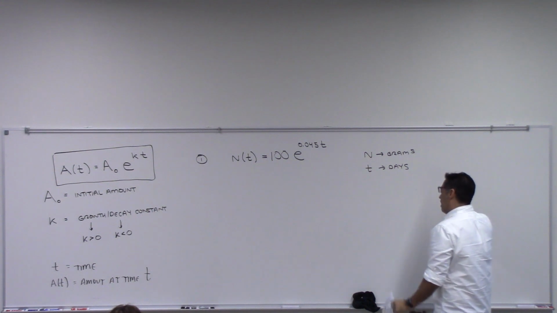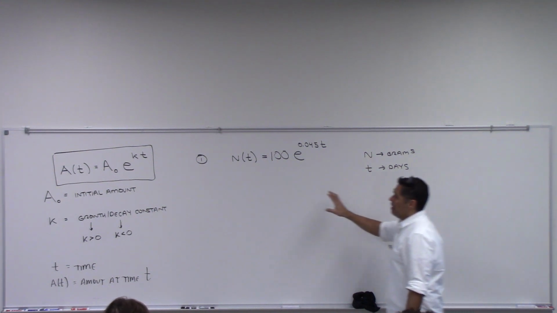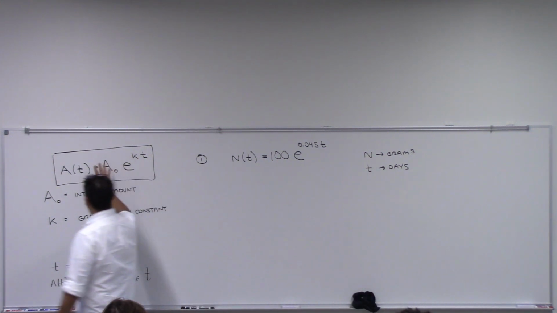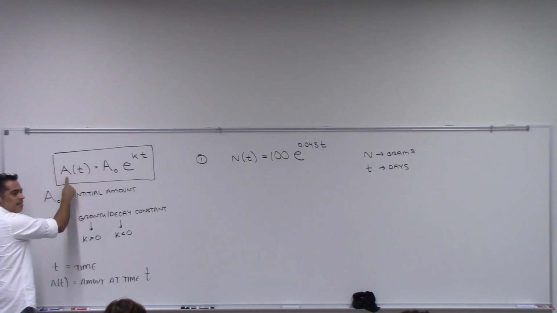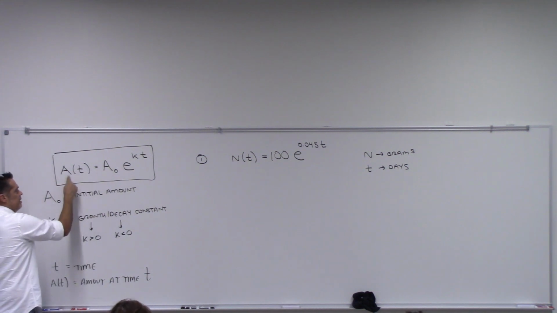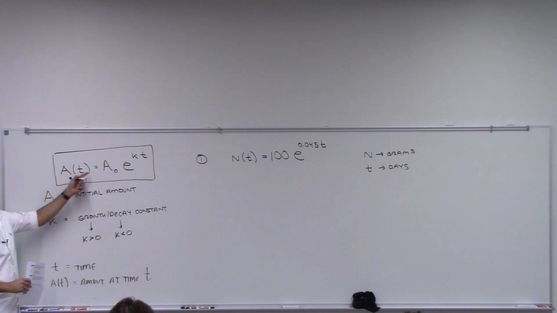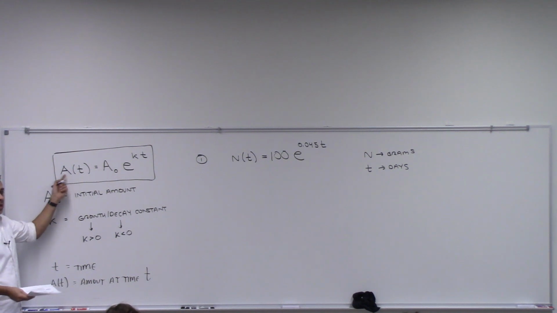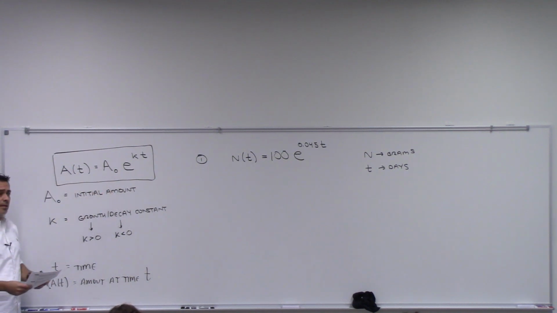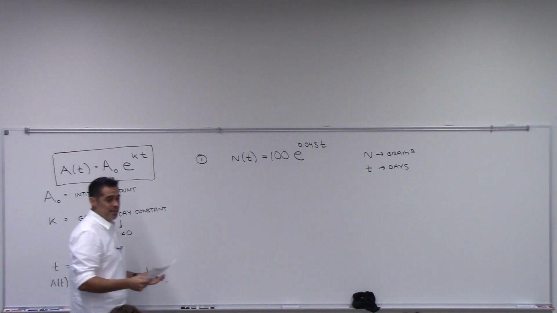Okay, so look, let's not freak out about the notation. The generic model uses A, right? It's saying like the amount. But this is generic. It's just like I could have said f of x or f of t. This is an arbitrary variable. They chose to use N here for the amount of bacteria they have, all right?